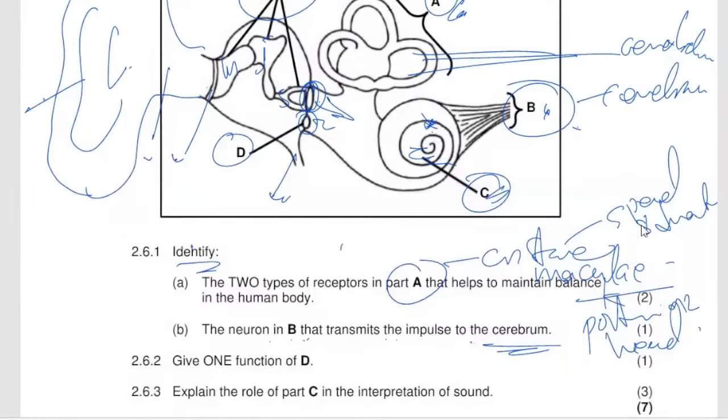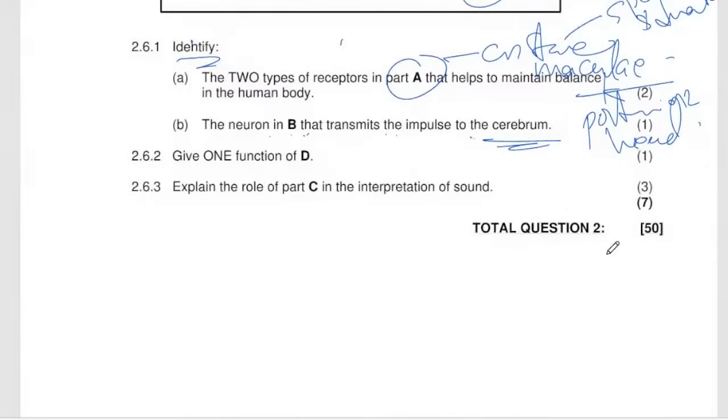So that's why we say that C contains the organ of Corti, which is stimulated when a pressure wave is created in it, and then converts it into a nerve impulse. So that's it.